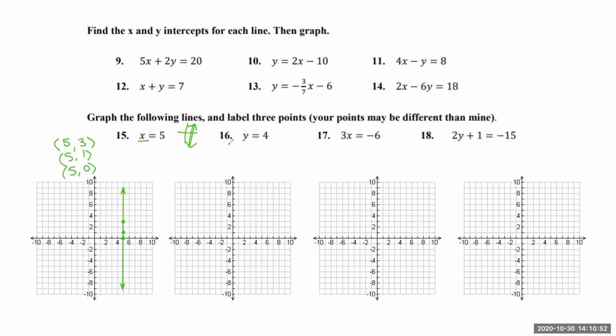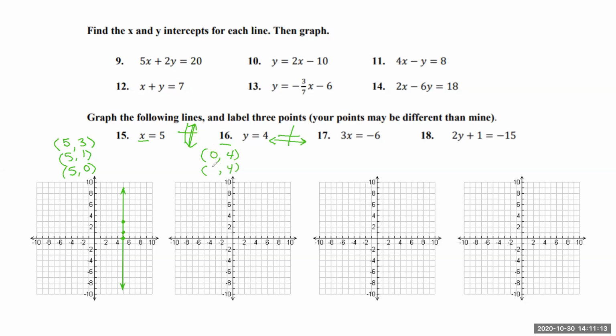So this next one for 16, y equals 4 is kind of the same deal. We're going to get a graph that is just a horizontal line. So when we do this one, y can only be 4. So we can put in any number for an x value, but it always has to be 4.